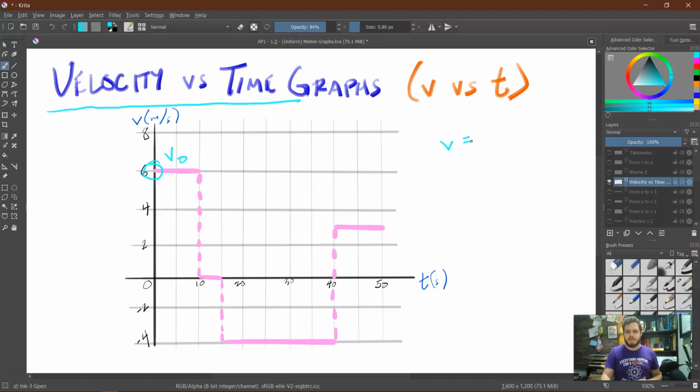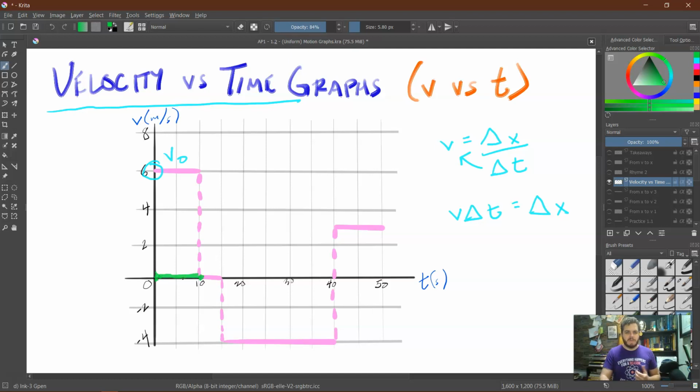Well, remember that the equation for velocity is delta x over delta t. And if I multiply this delta t across, I get v delta t is equal to delta x. But how can I get v delta t? Let's look at this first little segment here from 0 to 10 seconds. How can I get v delta t from this part of the graph? Well, delta t is right here, right?